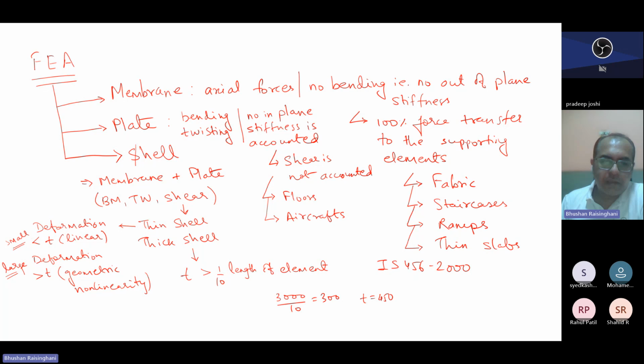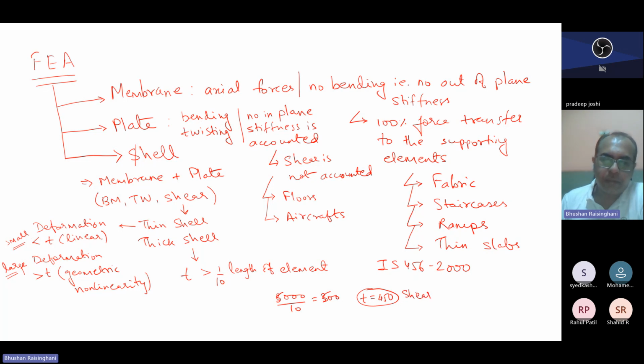Now, if it becomes 4000 or 5000, so for 5000 it will be 500. Then you can classify either way in the analysis, because as the thickness increases, shear will start dominating.